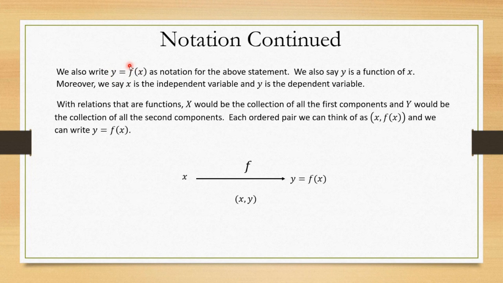If you remember variables, the idea is that y is a variable. It can represent elements in capital Y. It depends on x. y is the variable that holds the output. It depends on x, which is your input. So we say y is a function of x. y is the dependent variable. It depends on x. We also say x is the independent variable.